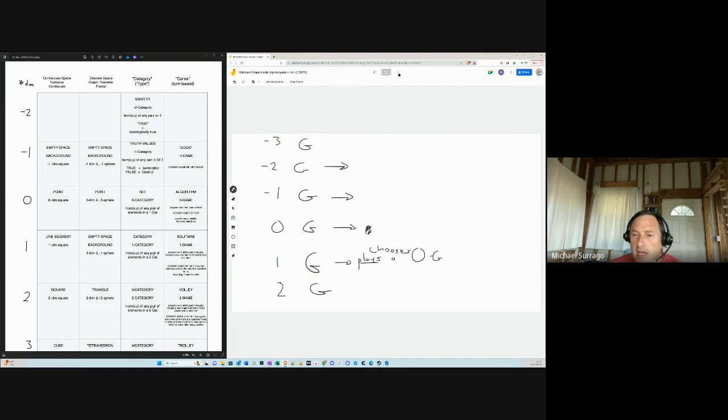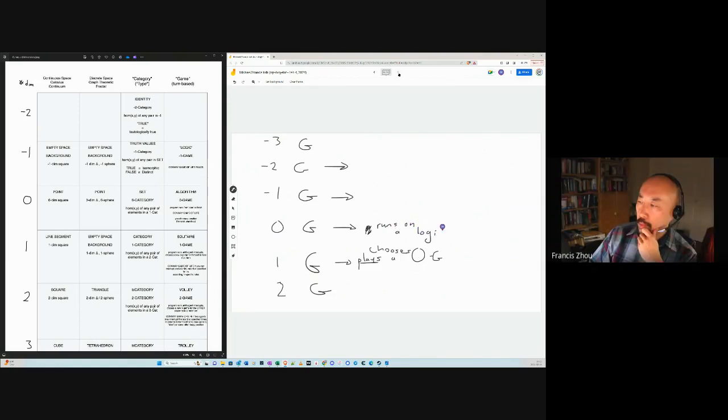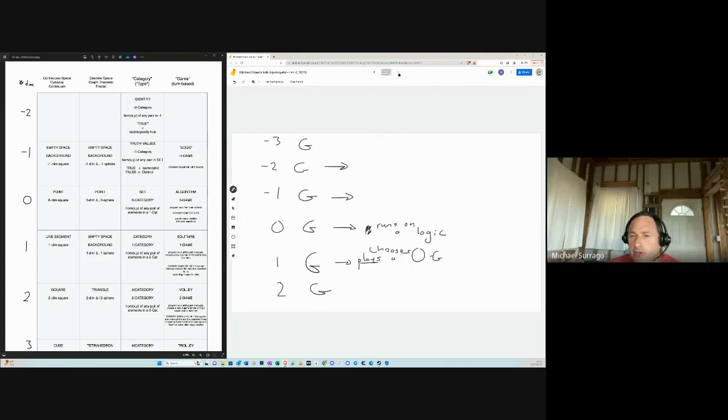So a 0 game runs on a logic. This is a logic, and I was ambiguous about the word logic.